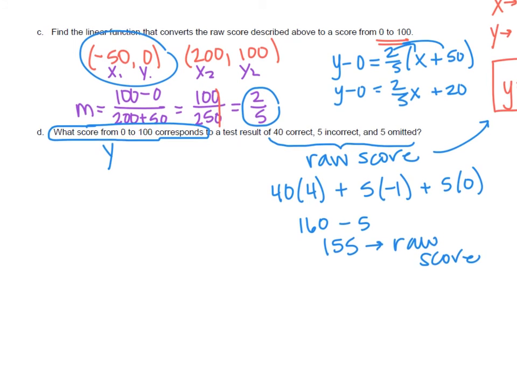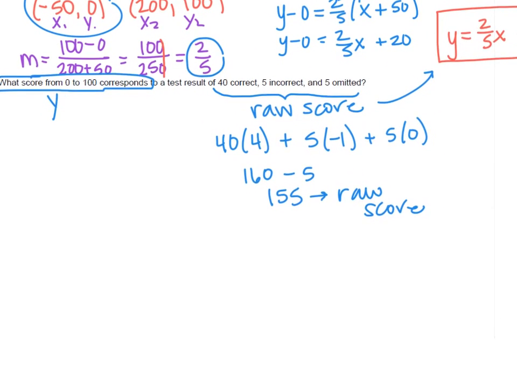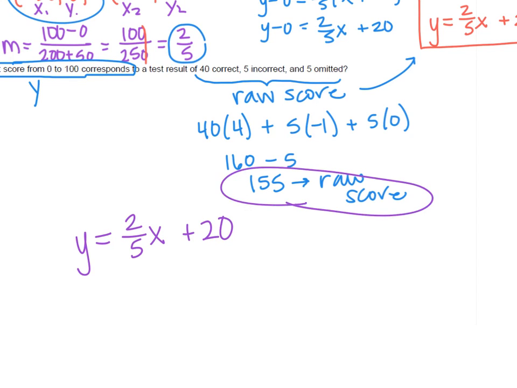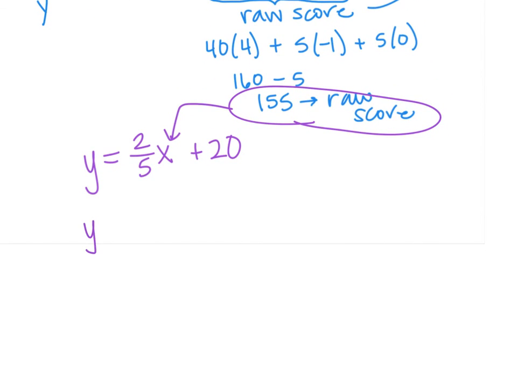So the question is, we want to convert that into a score from 0 to 100. So we take our equation, y equals 2/5 x plus 20, and we're going to plug in our raw score for the x value. So y equals 2/5 times 155 plus 20.